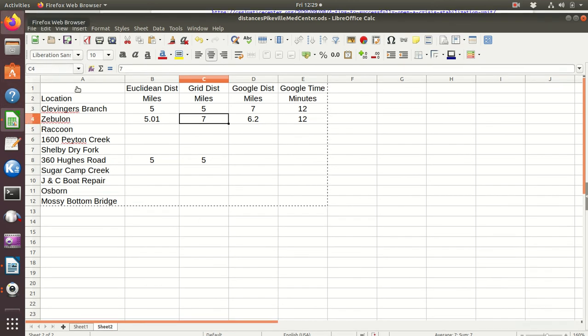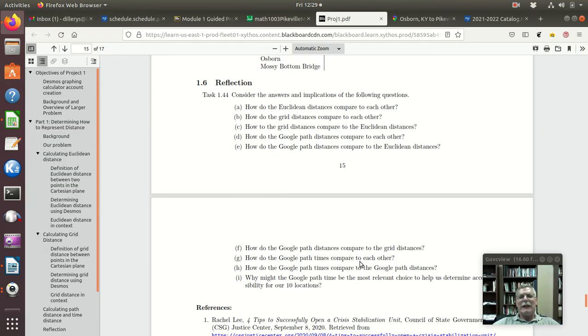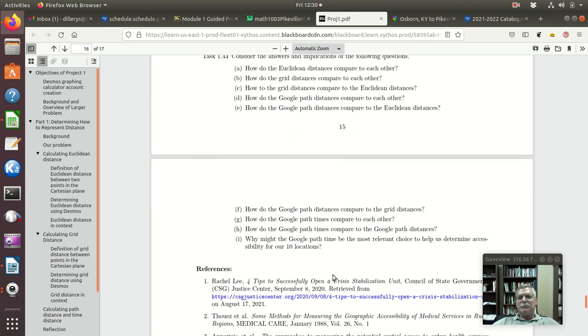And so this is getting at that. What were we supposed to notice from all our technical work? This is what we were supposed to notice. And then finally, why might Google Path Time be the most relevant choice in looking at accessibility?